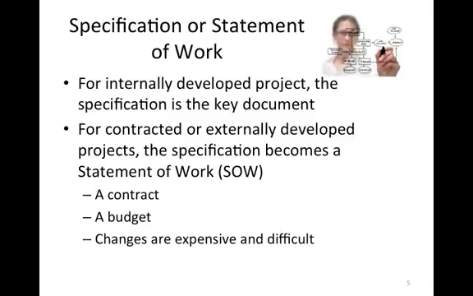It also becomes a budget. The consulting company will take this specification, they will apply a dollar amount and a time value to each of the requirements in the specification, in the statement of work, and it's now fixed, right? We have a cost, we have a set of functions, and it's contractual.